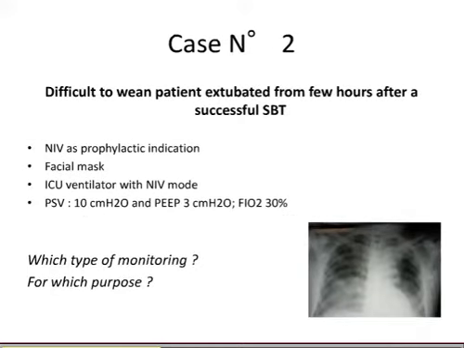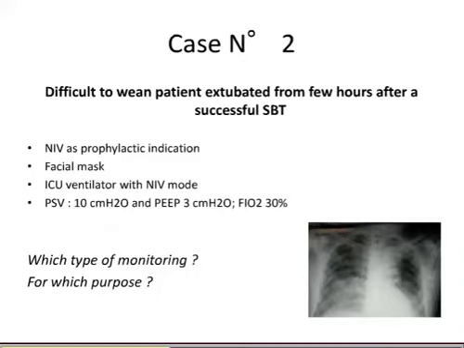So the second patient is not at all a COPD patient. It is another situation, a difficult to wean patient extubated a few hours before after passing a successful spontaneous breathing trial, and NIV is indicated as a prophylactic indication with a facial mask, ICU ventilator with NIV mode, pressure support ventilation.